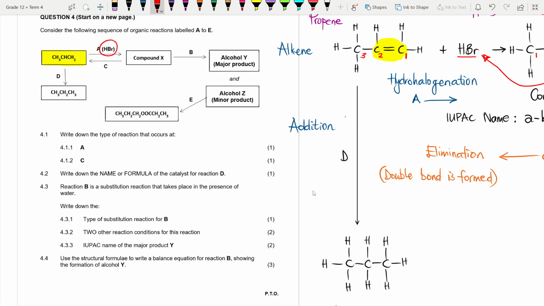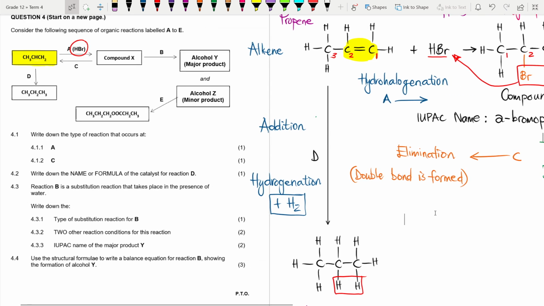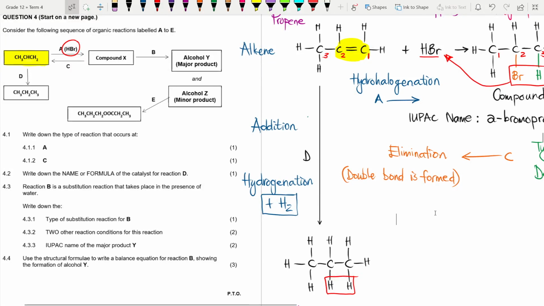Look at the things that were added. It's hydrogenation. Yes, there it is. So hydrogenation, because we are only adding hydrogen, or just addition of 2 hydrogens. Okay. All right, there we go. We finished D. So if there's a question about D, we can actually write it.